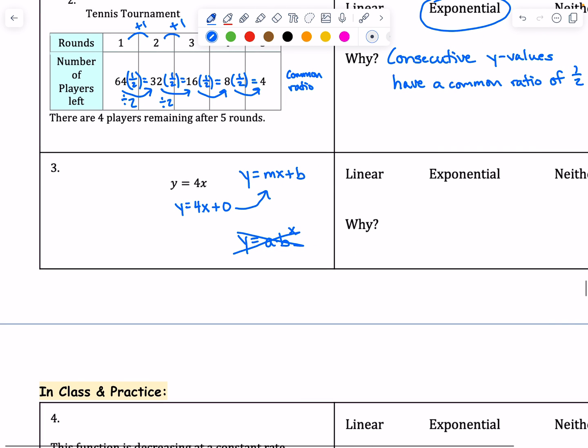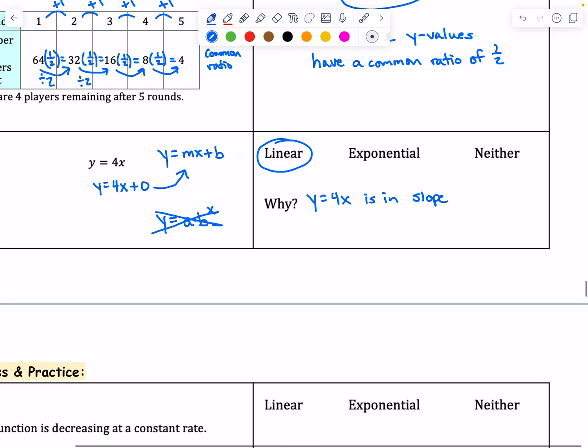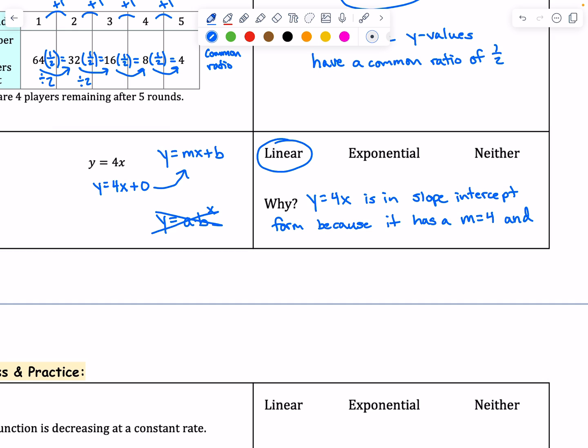So let's go with linear because we could say y equals 4x is in slope-intercept form, because it has a slope that's equal to 4 and a b value or y-intercept that equals 0.